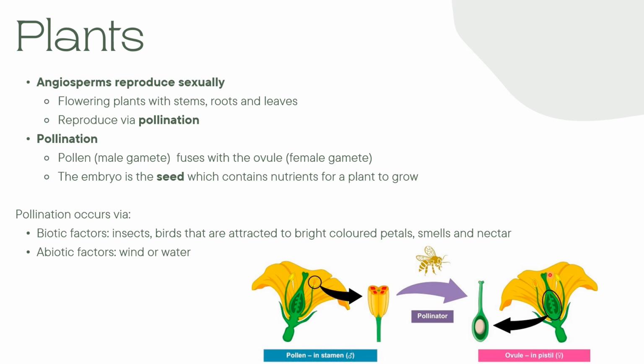They're not doing this on purpose, but just the act of them moving between plants helps the pollen travel to the ovule of another plant to reproduce sexually. These are called biotic factors, so it's when a living thing facilitates this pollination. Other factors, other abiotic factors rather, non-living factors, so wind or water can also help the pollen travel to the ovule.